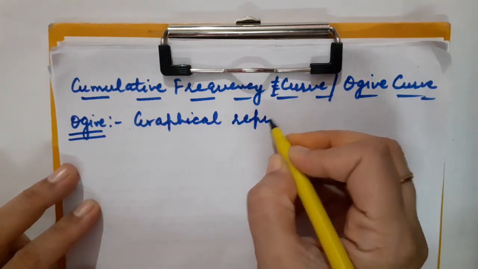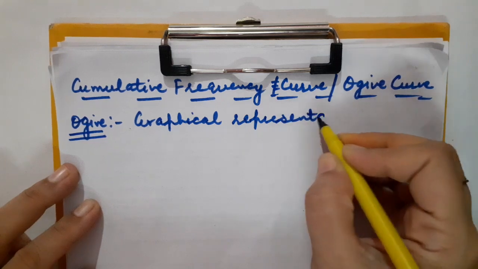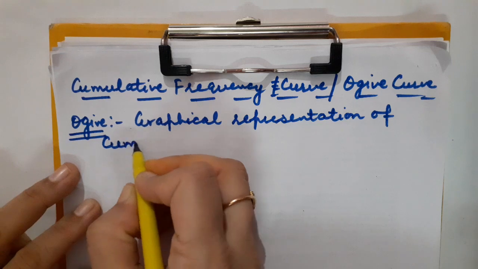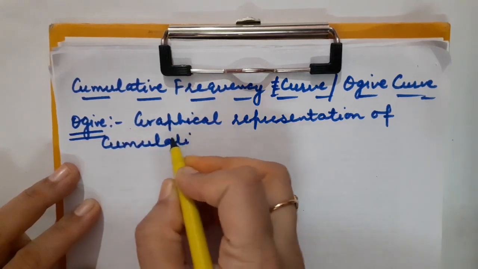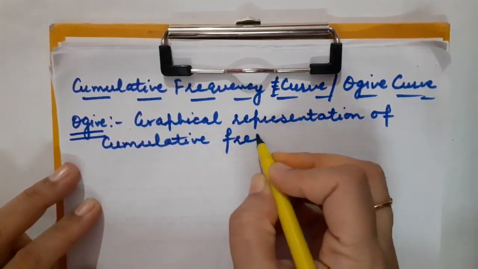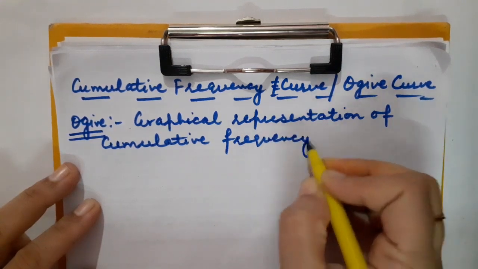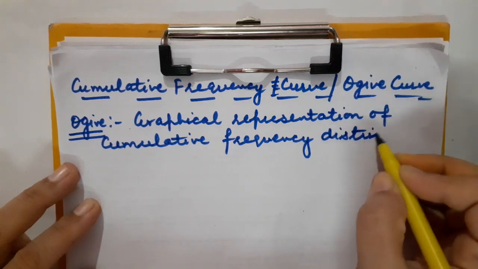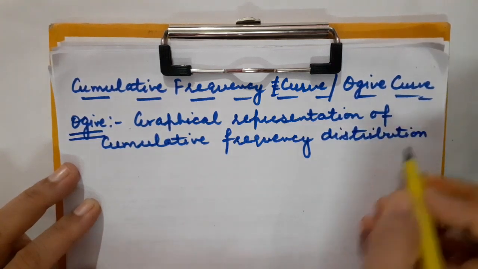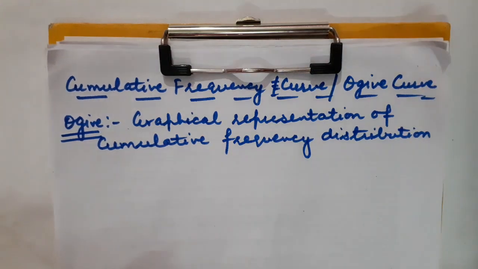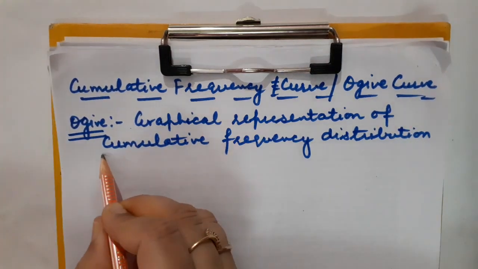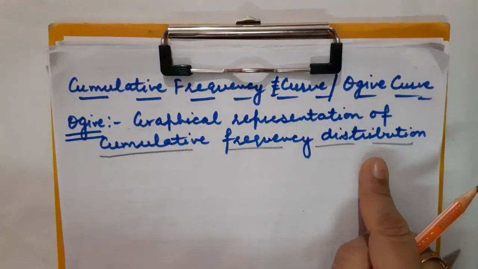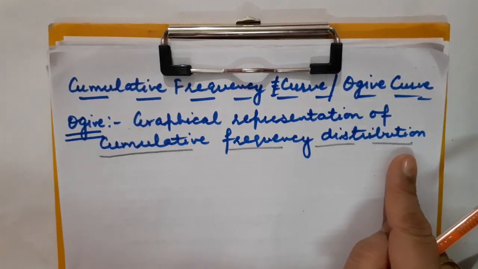Children, whenever I talk about the cumulative frequency distribution table, basically it is of two kinds, using less than type as well as more than type.